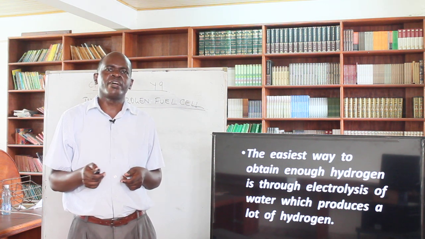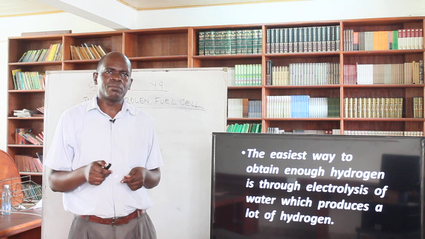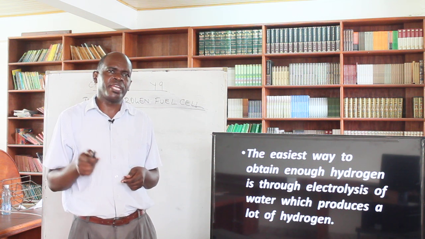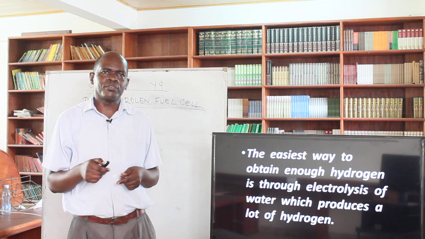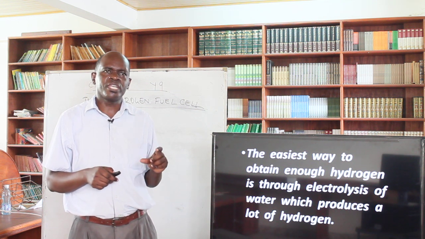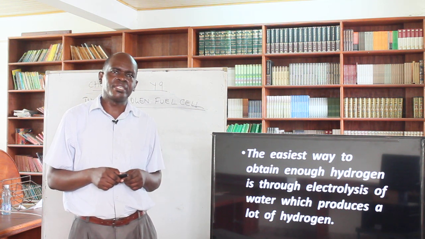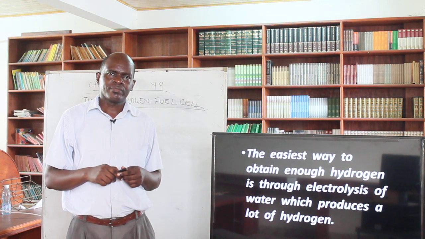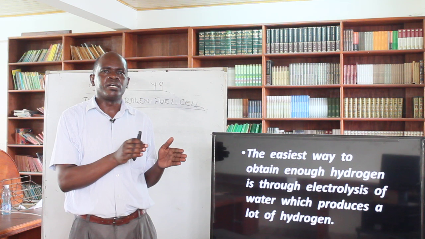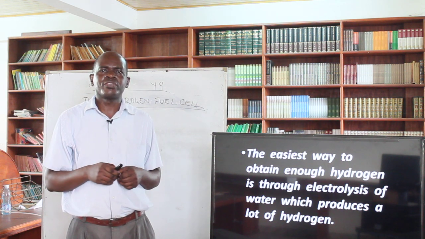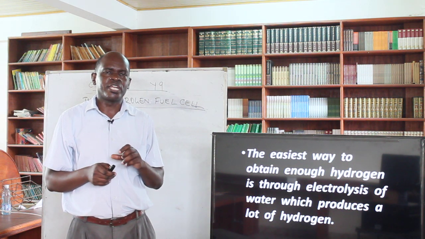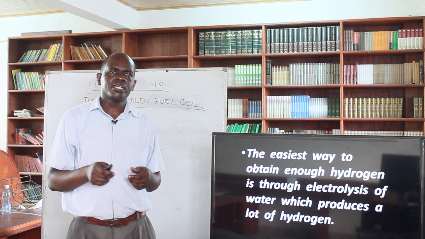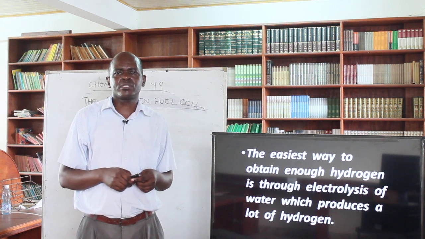When you're talking about heating value of a fuel, then you're talking about the maximum amount of energy given out when a fuel burns. So the amount of energy given out by 1 gram of hydrogen is the highest compared to all the rest of the fuels. So if you have, let's say, 1,000 tons of hydrogen, then you'll have produced a lot of energy that can run very many different industries.